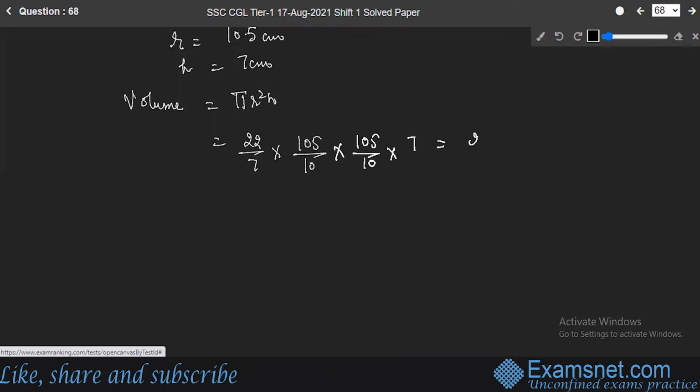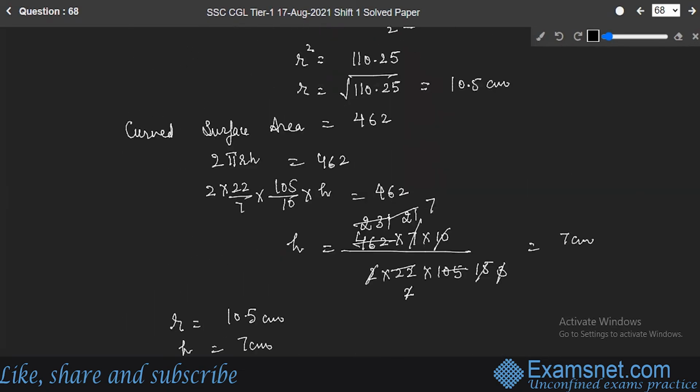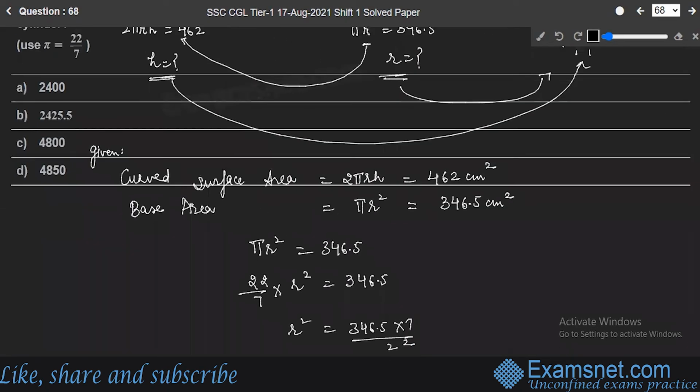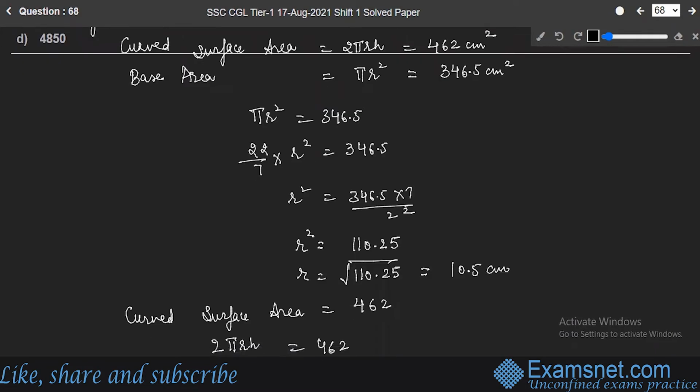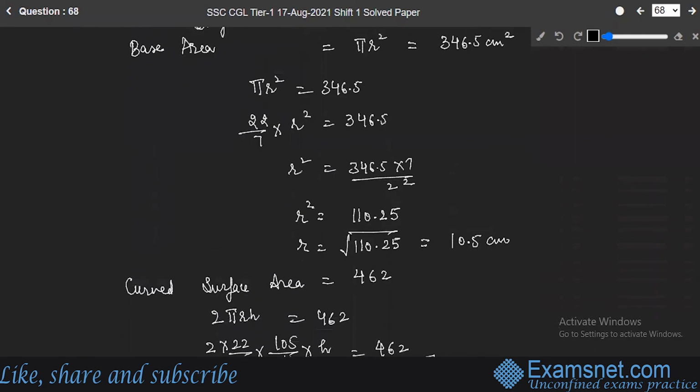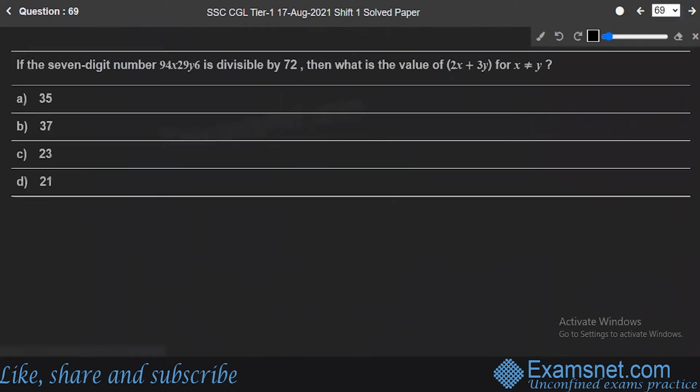So this gives you 2425.5 centimeter cube. Correct. This is the volume. Let's check with the options. Yes, option B is the answer to the question. Hope you are clear, right? Then let's move to the next question, number 69.